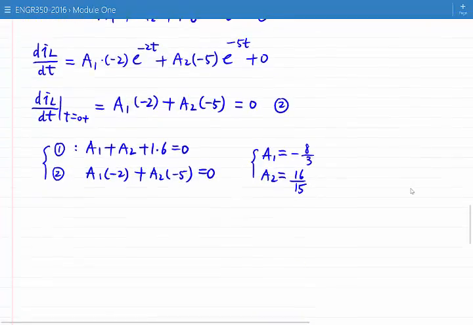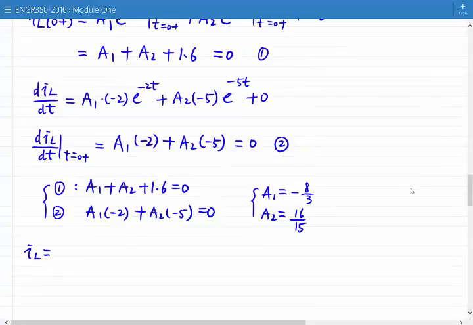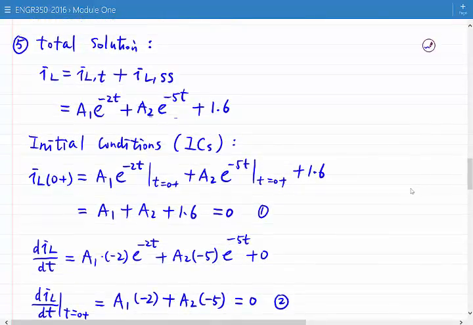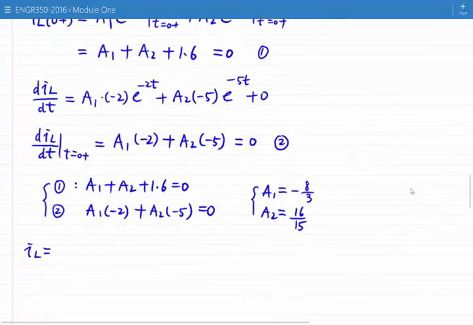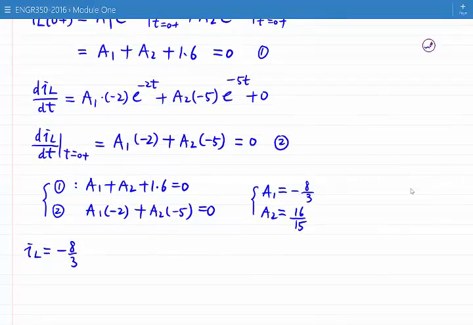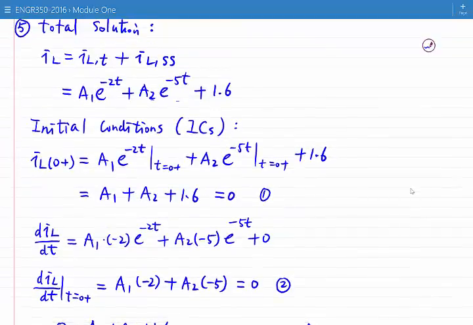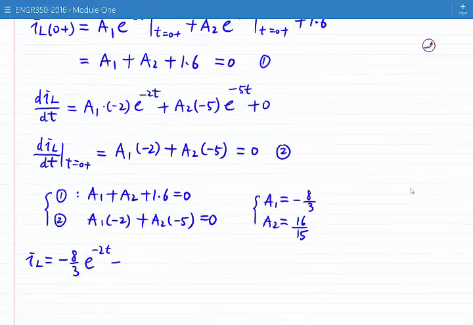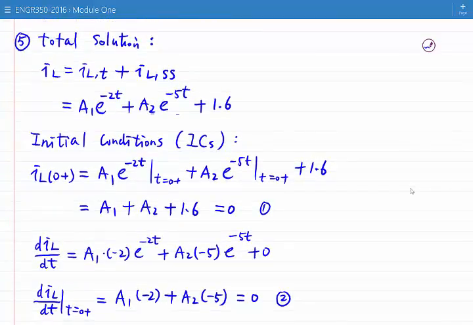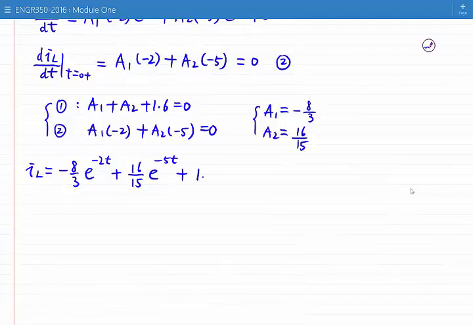We can write IL is equal to A1 times E to the power of minus 2t, so A1 is minus 8 over 3 E to the power of minus 2t, plus A2 times E to the power of minus 5t, plus the steady state solution 1.6. Okay, so finally we find the inductor current when t is larger than 0.